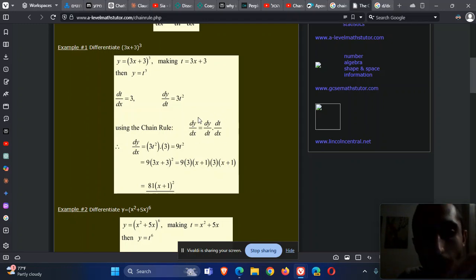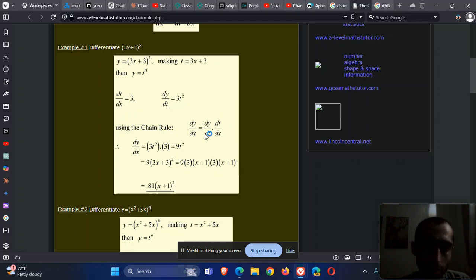And this rule sometimes we see with this definition using these terms, so it is important to understand how it looks. The derivative of t with respect to x is 3, and the derivative of y with respect to t is 3t squared.